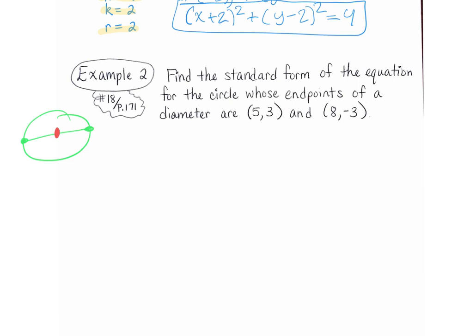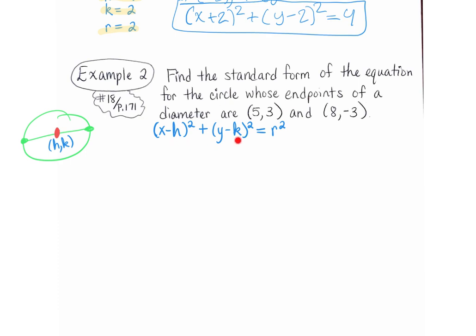The general equation for a circle says what? Plus y minus k squared equals r squared. So if we find this midpoint here, we found h comma k.